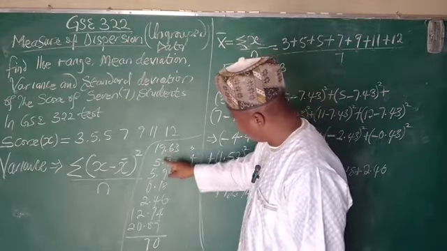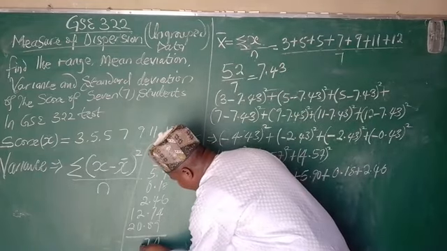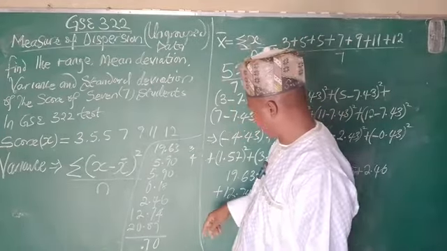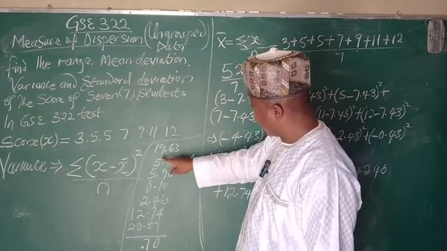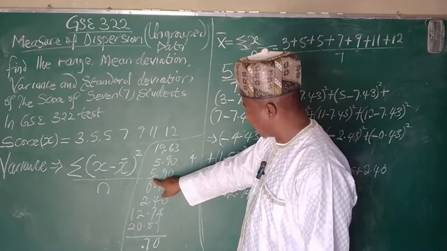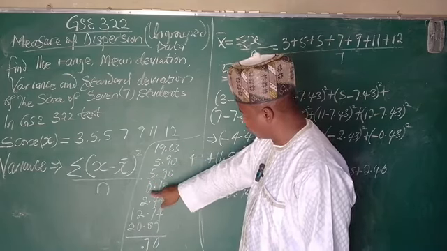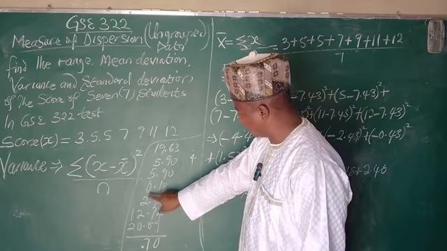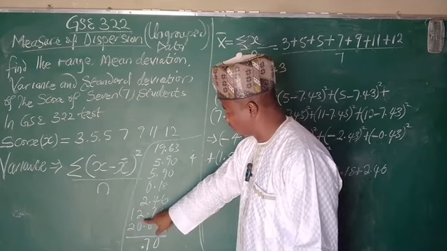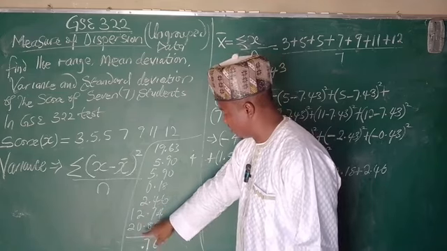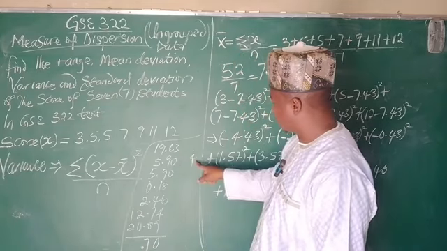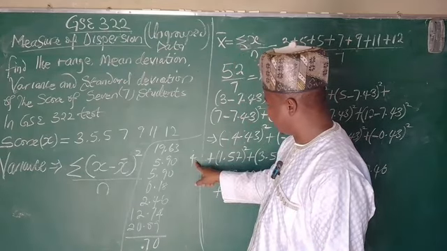So now we have dots. We place our dots. Then we come to this. 9 plus 5 is 14, plus 5 is 19, plus 0 is still 19, plus 2 is 21, plus 2 is 23, plus 0 is still 23, plus 4 is 27.